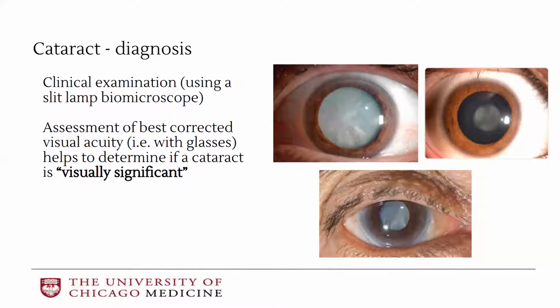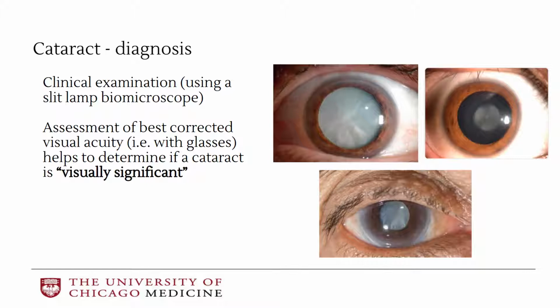So how do ophthalmologists make the diagnosis of cataract? This is done in the clinic using a microscope that we use called a slit lamp. And we also measure the vision. And in fact, we measure what's called the best corrected visual acuity.